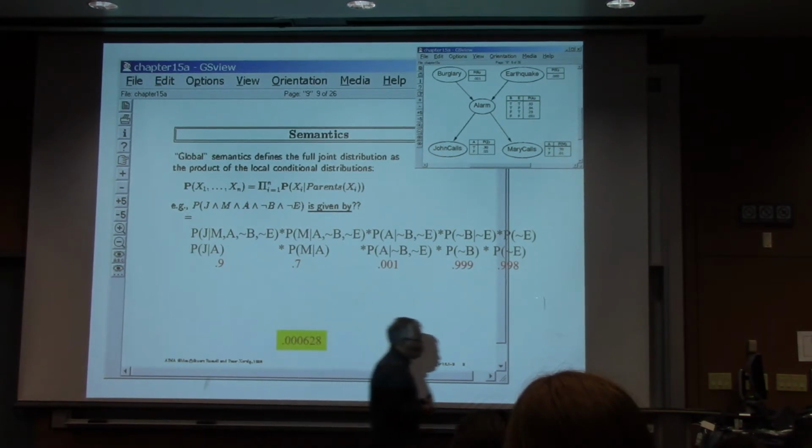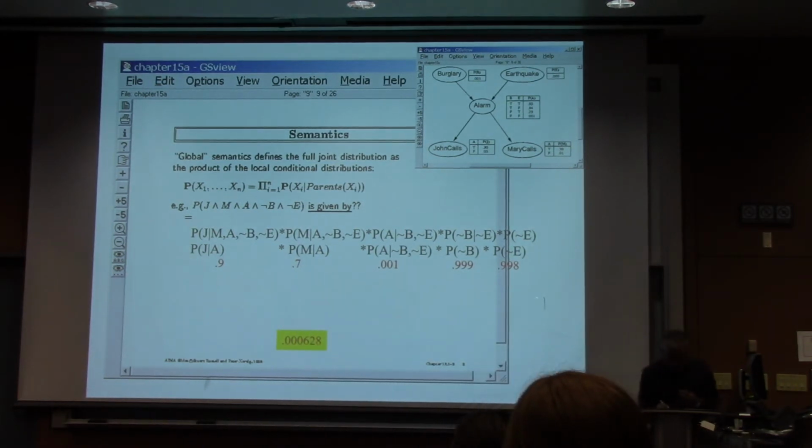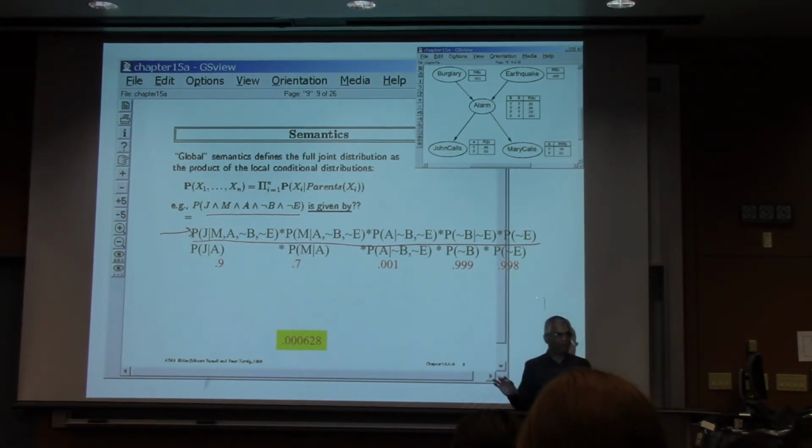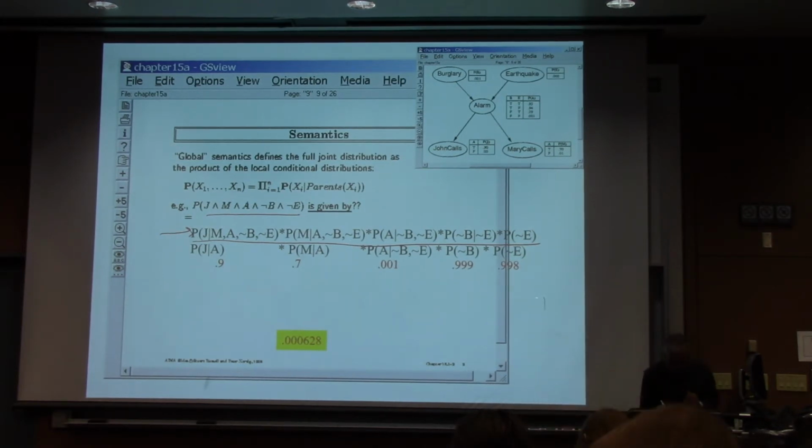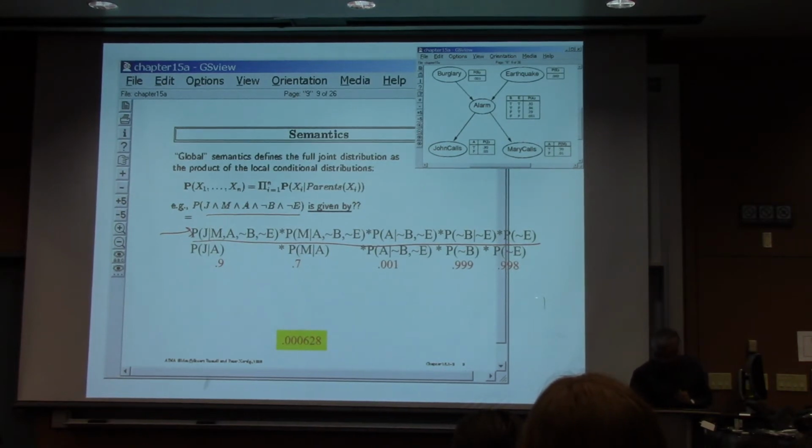Which allows you in 2 steps to go from, if I want to compute this, J and M and A and not B and not E, I can first use just the direct chain rule. In using this, I didn't do any magic. And then, having done that, I look at the network and say, J given M, A, E, B is nothing but J given A.